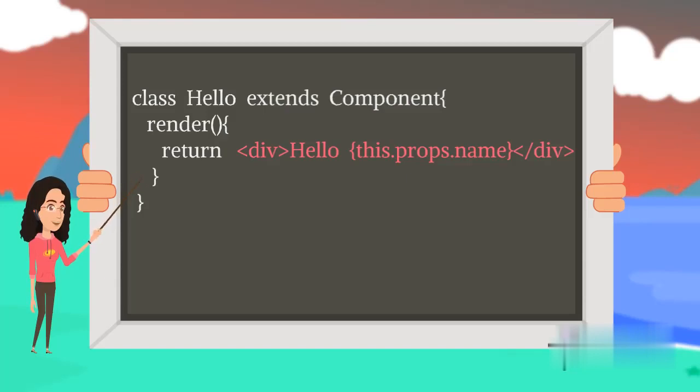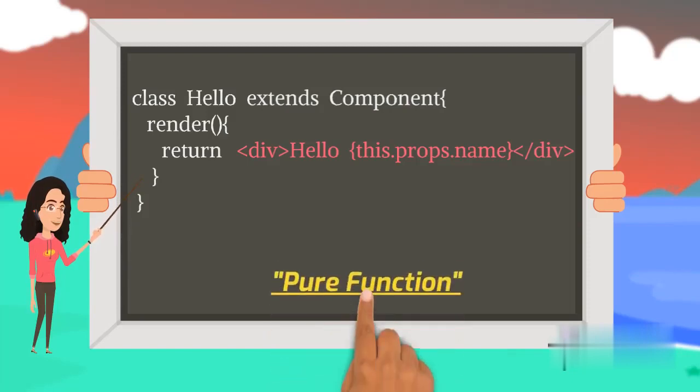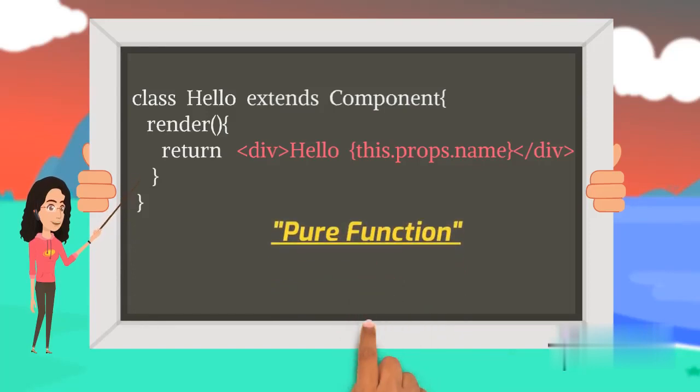React requires that your render method is pure. So what is a pure function? Pure functions are those that do not have any side effects and will always return the same output when the same input is passed. This means that you cannot set state within a render method.